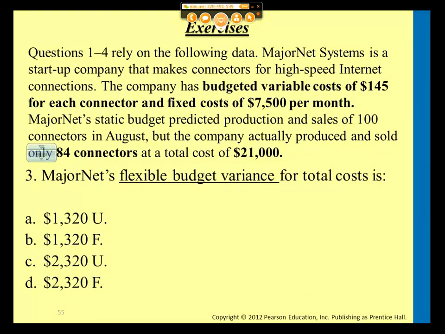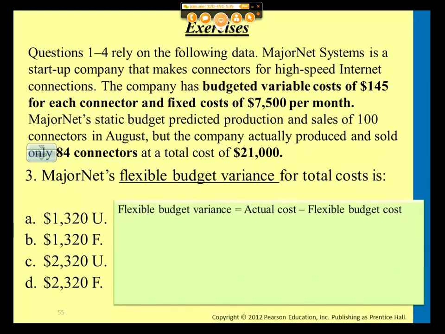All right, so the next one, flexible budget variance. What is the flexible budget variance? It is the difference between the actual cost and the flexible budgeted cost, right? So how do we calculate that? My flexible budget variance is actual cost and flexible budget cost.